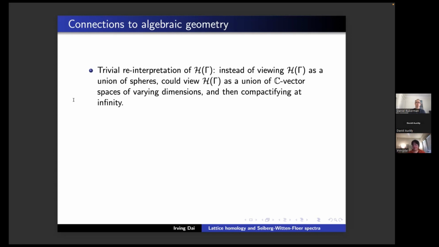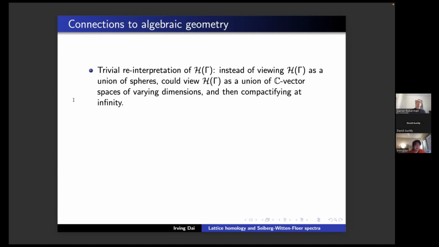Okay, but my point is that instead of taking all of these spheres and gluing them along subspheres, I could view the construction of the lattice homotopy type I just told you as having some very high dimensional, let's just say complex vector space, and a bunch of subspaces of this complex vector space, which intersect along subspaces of varying dimensions, and I compactify at infinity.